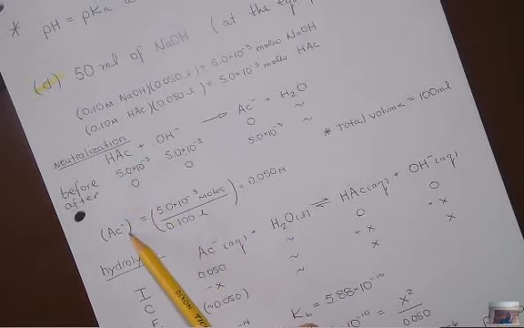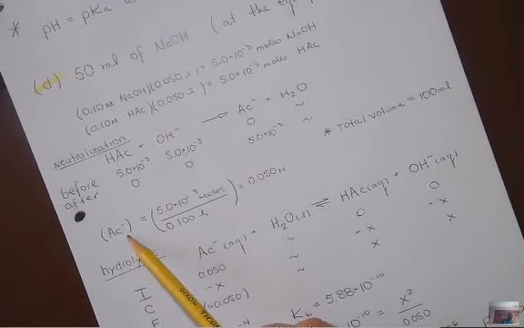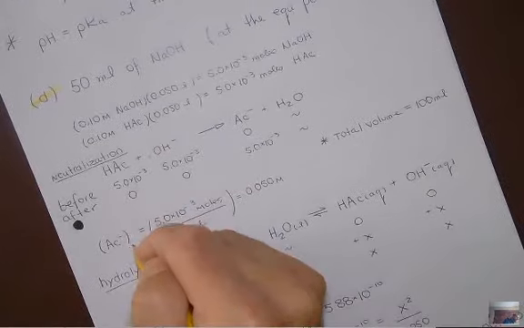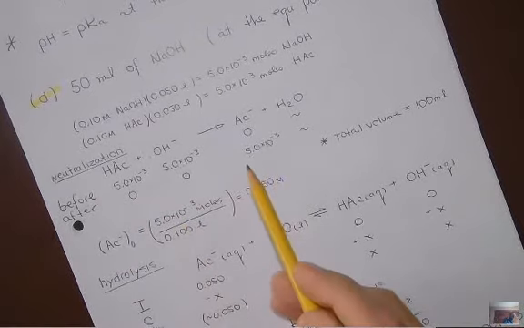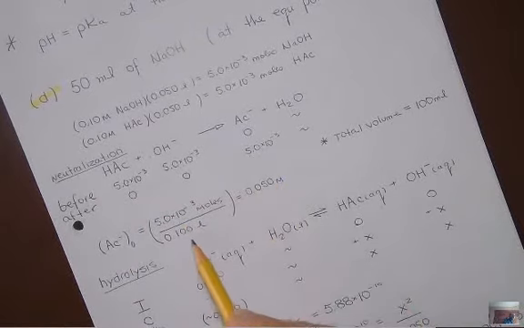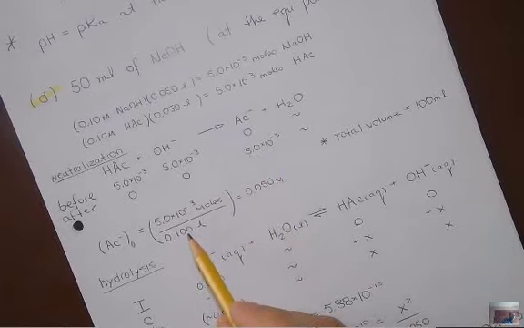So I have at the end point a solution of just acetate ions. Those acetate ions are going to act as a weak base, and they're going to drive the pH a little bit higher than 7, but let's calculate how much that is. So the acetate ions, before they start to react, take the number of moles here and divide it by 0.1.